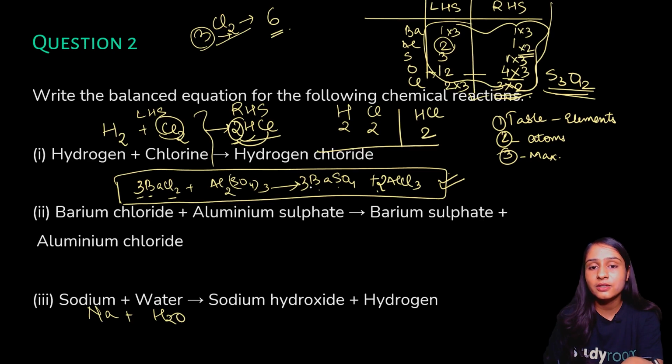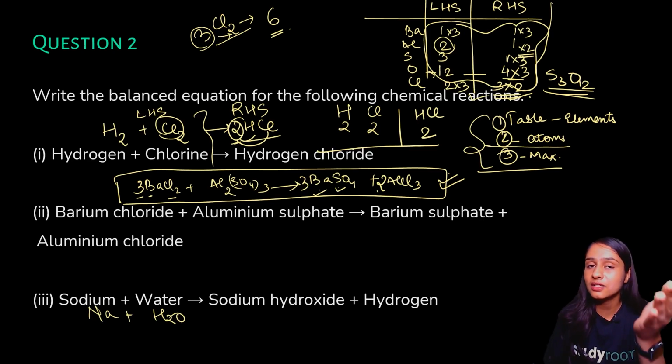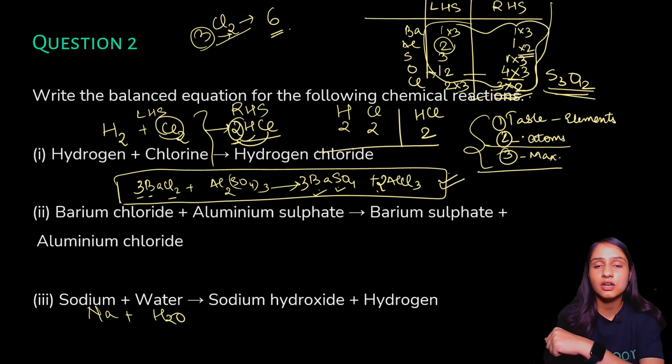Like I added 3 over here, so I immediately checked the number of sulfur and barium. So this is the correct approach of balancing a chemical equation. So these three are very crucial steps. I consider the second step very crucial because if you do not count the number of atoms on the right hand side and left hand side clearly, then you won't be able to get the whole equation properly balanced.